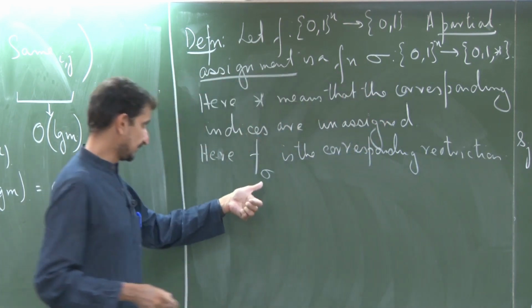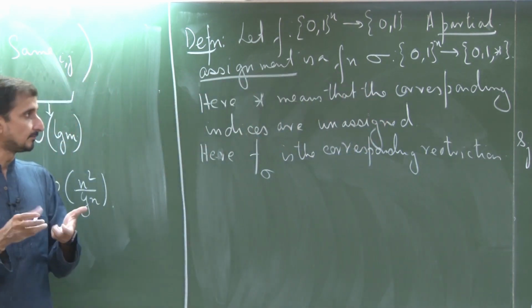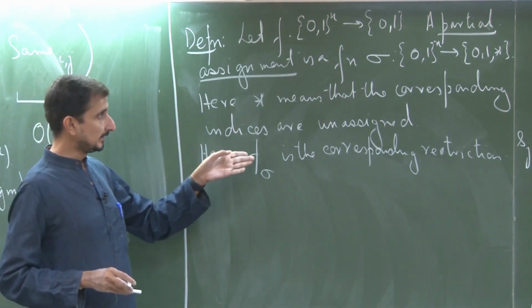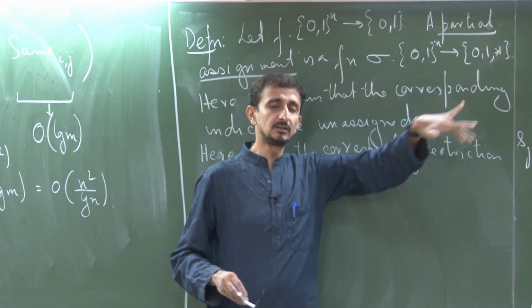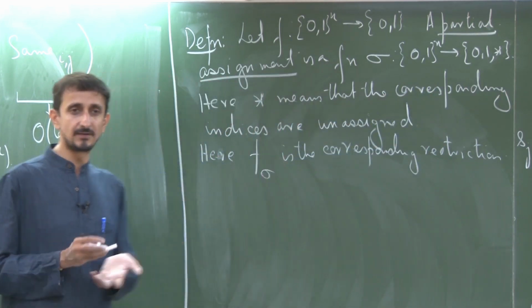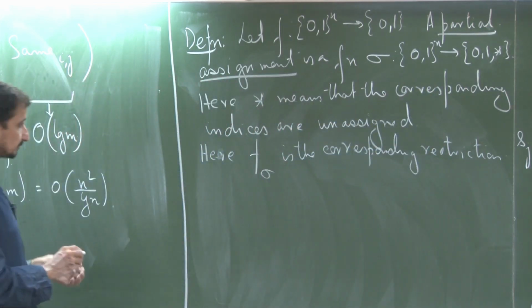Again, f restricted to sigma is a function on the variable set which goes to star, because all the other variables take a fixed value, either 0 or 1.